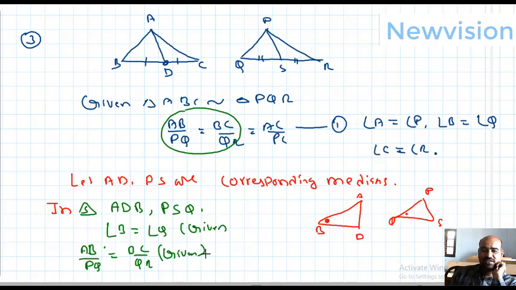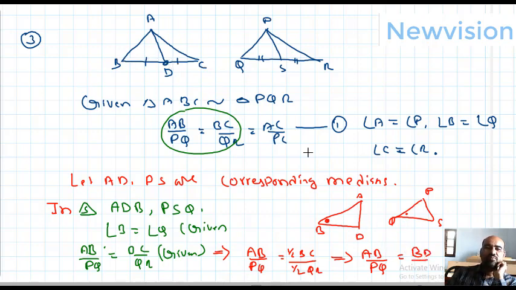The interesting step here is that AB by PQ stays as it is, but instead of BC by QR I can write half BC by half QR. What is the problem? Both are the same, no? So what is the meaning of this? AB by PQ equal to half of BC, meaning BD or DC, so I write BD by QS.